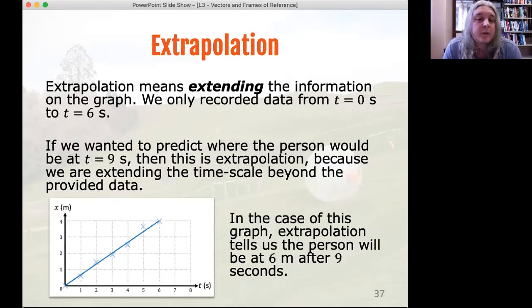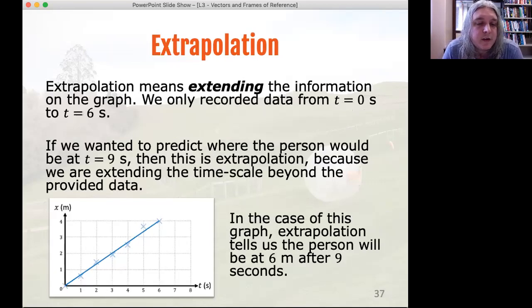The other thing we can do is called extrapolation, and that means extending the information beyond what was recorded at all. So in this case, the data went from time 0 seconds up to time 6 seconds. We could predict where the person is going to be, say, at 9 seconds. And to do that, we would just look at our equation, and our equation said 2/3 of x plus 0.